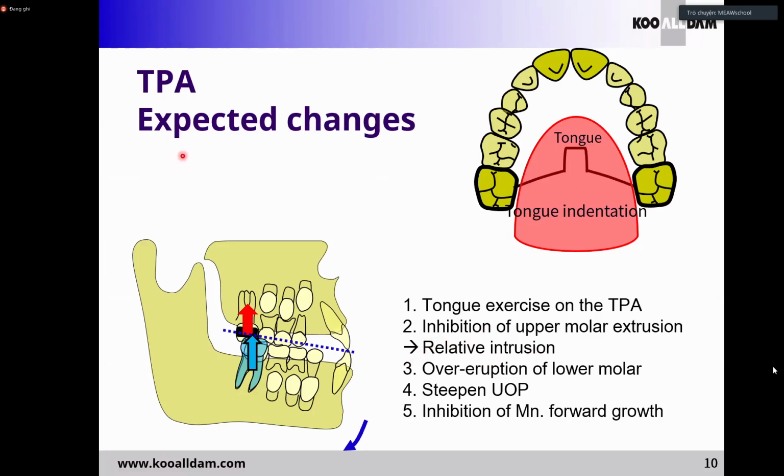So these are the main expected change results. Tongue exercise on the TPA means inhibition of the upper first molar extrusion. So it means we can see relative intrusion. So we can see the over eruption of the lower molar.